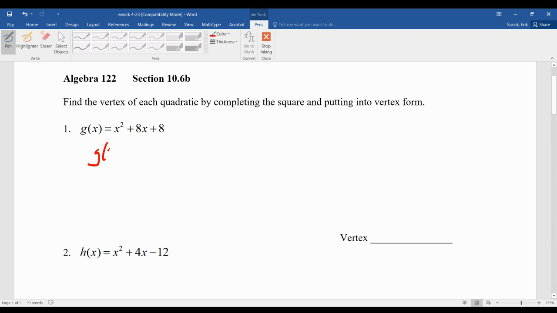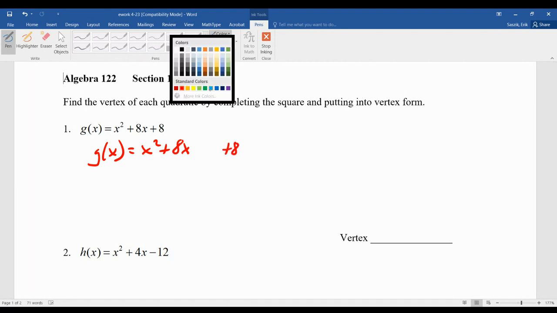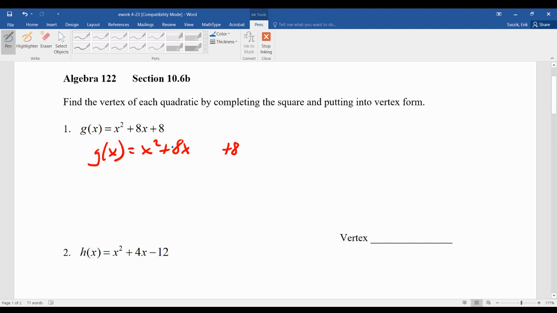If you remember, I hope you do, we're just going to rewrite this, but we're going to leave a space after the b term, after the 8x. And we are going to cut that b term in half, which gives us 4. We square it, and we get positive 16. But in order to keep the equation balanced, I have to subtract 16 at the same time.